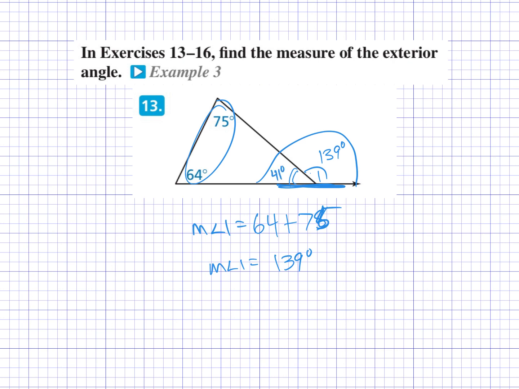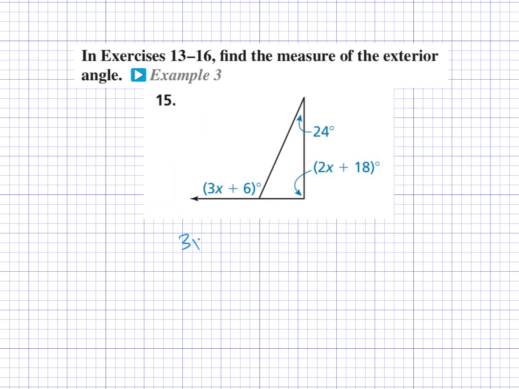And if you took the interior angles here and added them together, you should get 180. Which means if you took 180 minus the 41, you would get the 139, which is what those two added together are. So the opposite interior angles added together are the exterior angle.